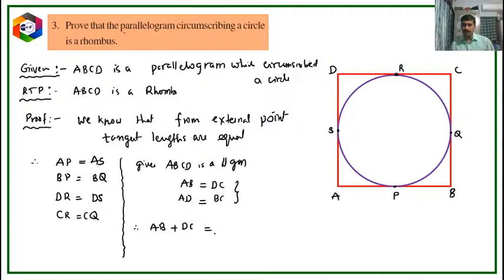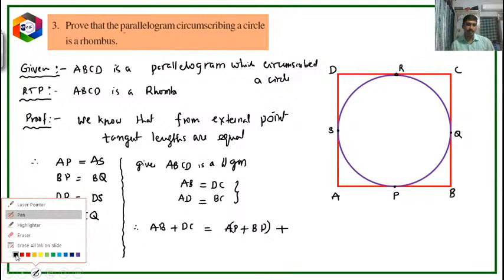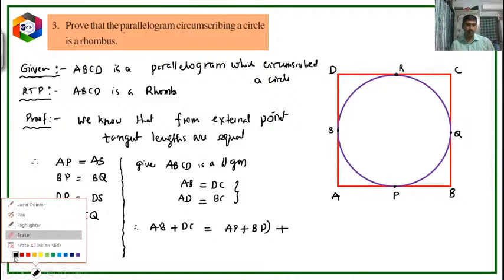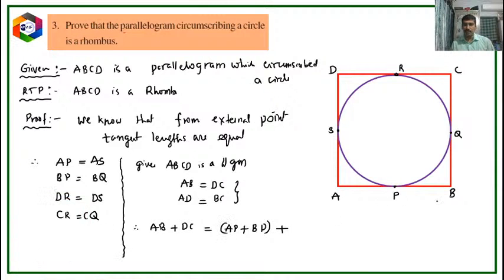What is AB? It is nothing but AP plus BP, and this DC is nothing but CR plus DR. Observe children carefully.